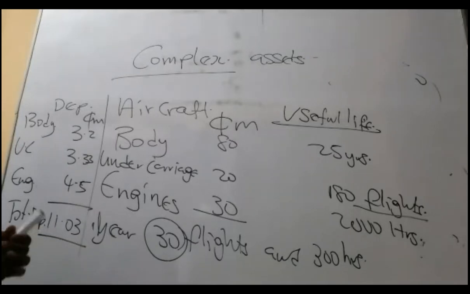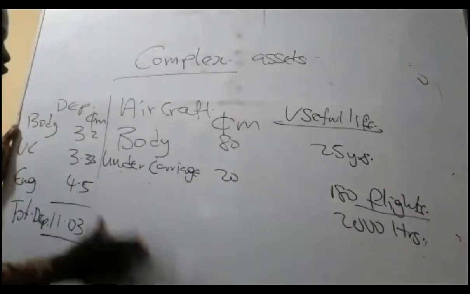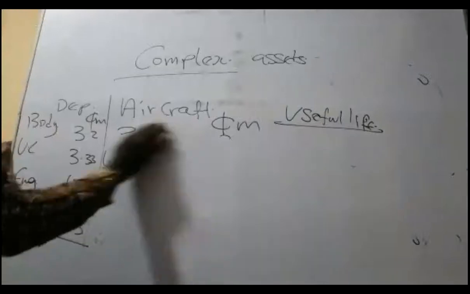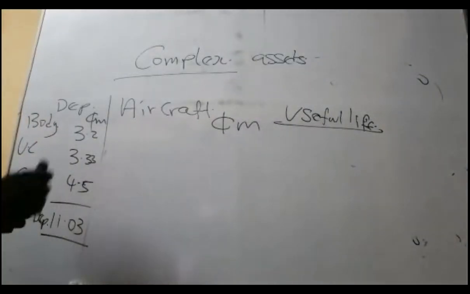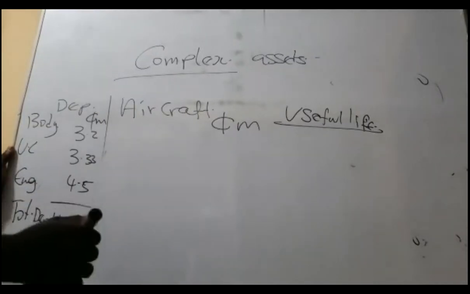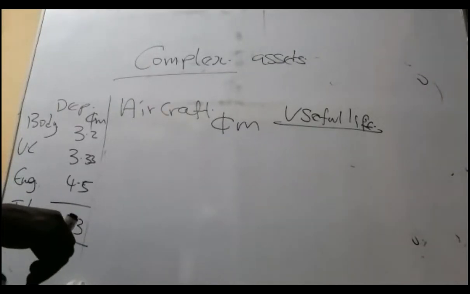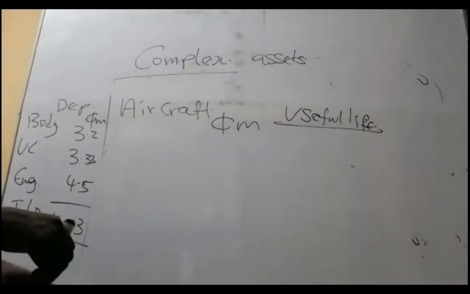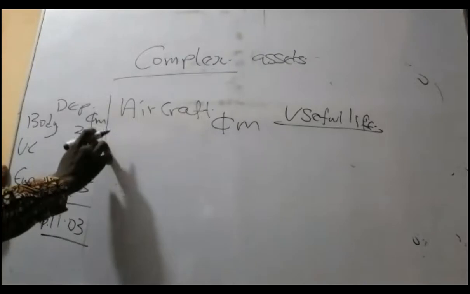I'm just updating the question, so let me add it to the question. All the other information here remains constant. All I'm adding is every 3 years. So in the third year, the aircraft has to go for major overhaul.